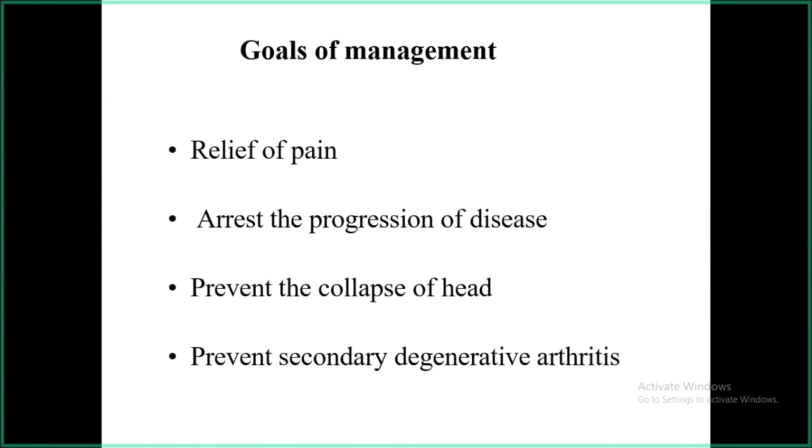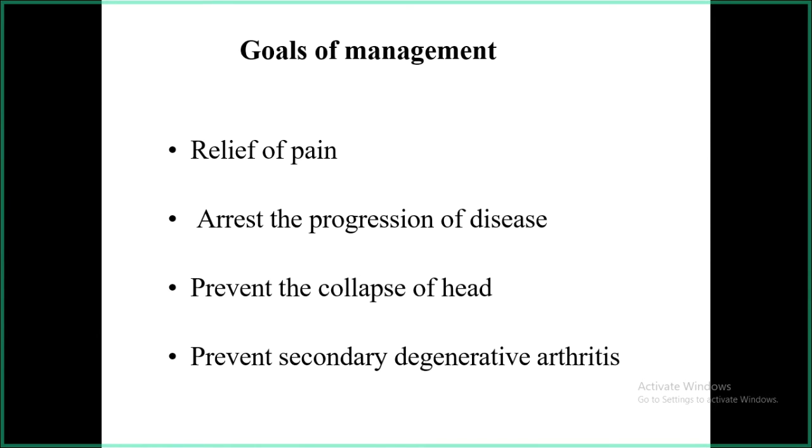Now the management part. What are the goals of management in osteonecrosis of the femoral head? First is the relief of pain. If you grade according to the classification, then you can give some analgesics and rest to the hip joint if it is in the early stage.